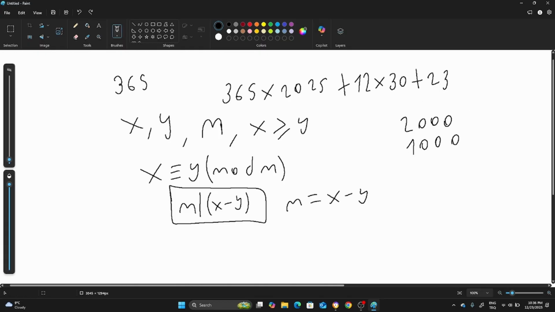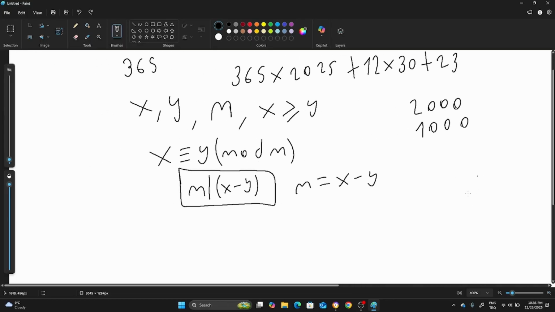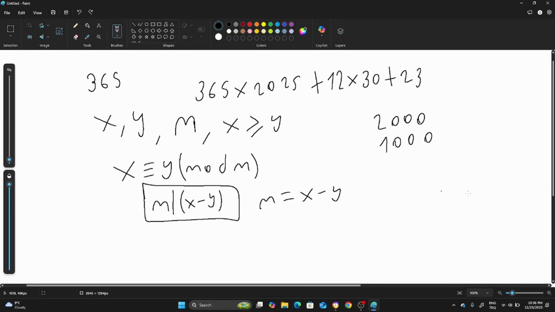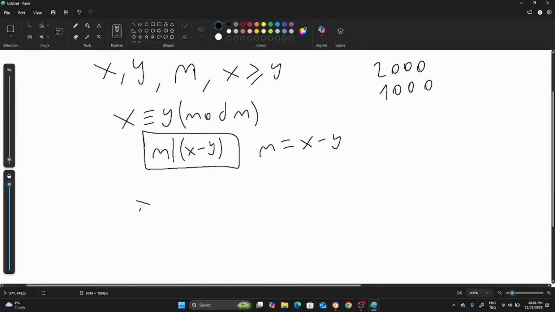Interesting, right? And to further improve our model, we can work with 3 dates. For example, x is congruent to y, which is congruent to z, mod m. If we had 3 people, then similarly to what we did before, we can say m divides x minus y, and m divides z minus y.